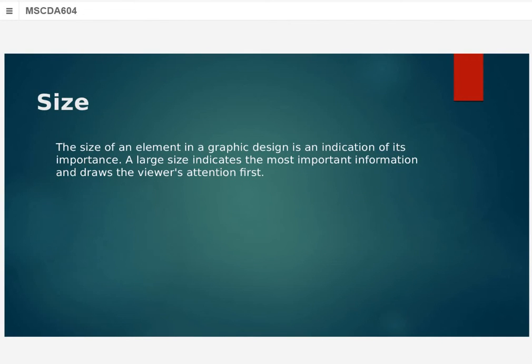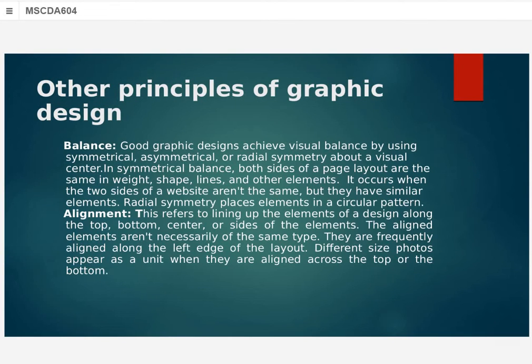Then the size of an element in a graphic design is an indication of its importance as well. So the larger the size, the more important it is. The smaller the size, less important. Then other principles of graphic design are balance and alignment. Align your things.